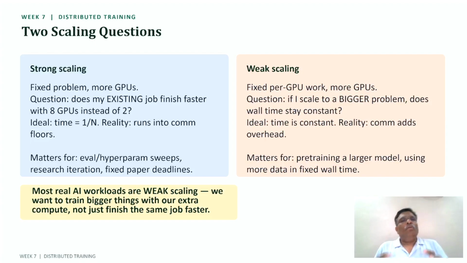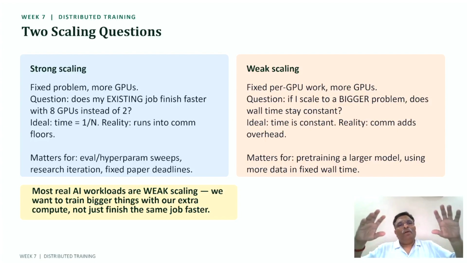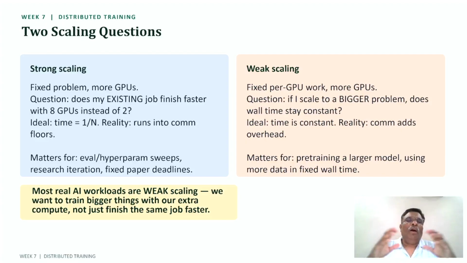When we talk about distributed training, we come up with two questions in terms of how the scaling will behave. One is called strong scaling and the other is called weak scaling. Strong scaling is a fixed problem where we go on increasing the number of GPUs.